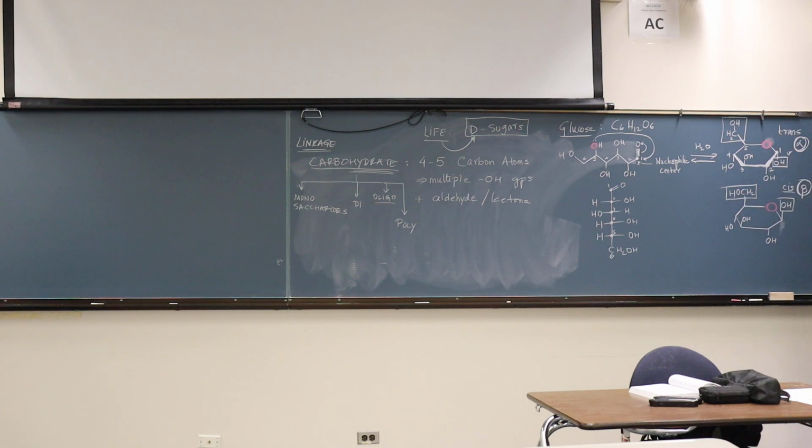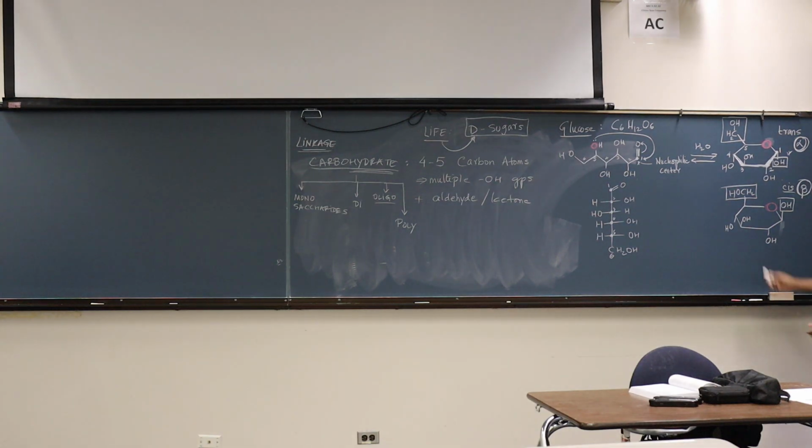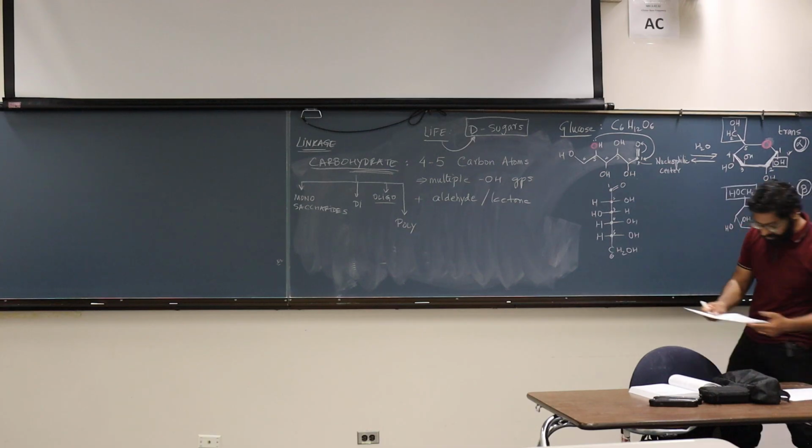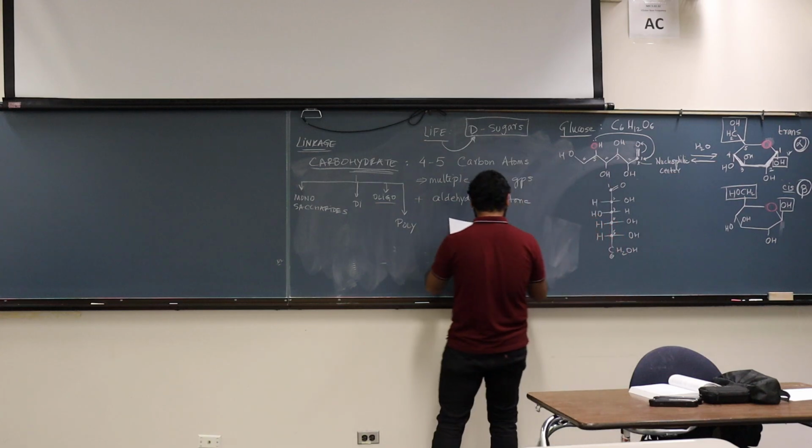Now let's try to see how two of these sugars will come together. Before that, this was your glucose. Let me write a few of the other sugars. Let's write fructose.